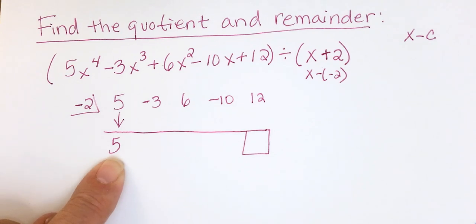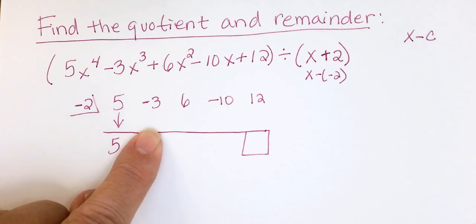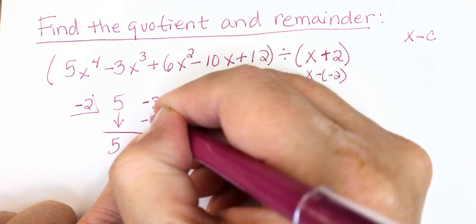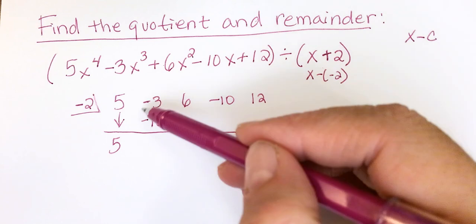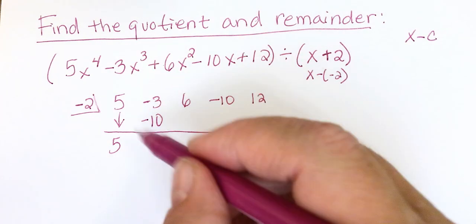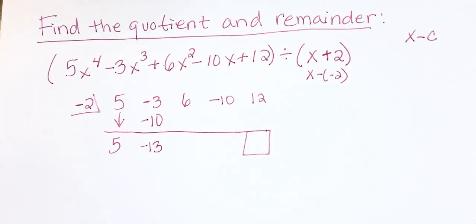So negative 2 times 5 is negative 10, and then you're moving over 1 and putting the answer under the next number. So this negative 10 we just got is going there. Now remember what I said, we're not changing any signs at this point within the problem itself. So all you're going to do here is just add these together. So negative 3 and negative 10 gives me negative 13.